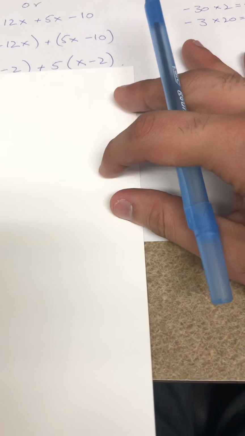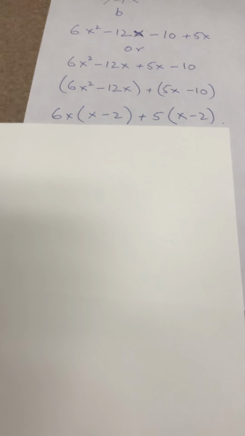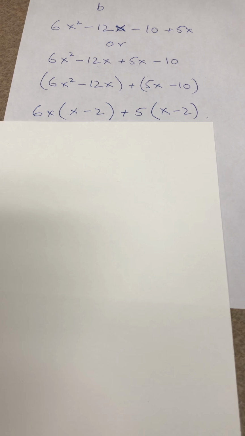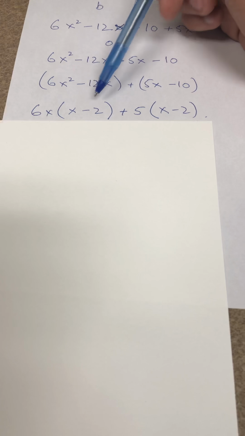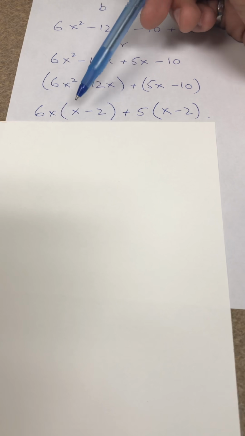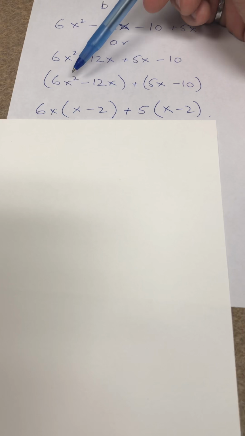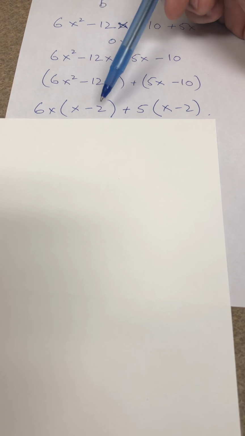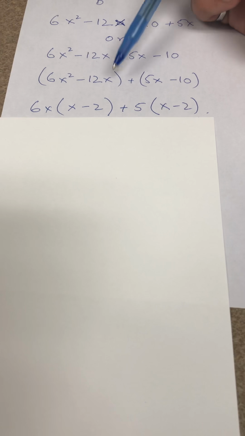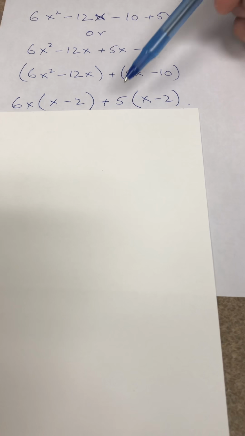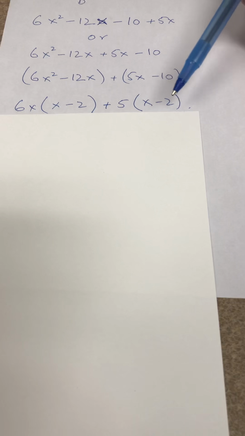So what we'll get is 6x outside the bracket x minus 2. 6x times x gives us 6x squared. 6x times minus 2 gives us minus 12x. Once we pull the 5 out, we're left with x minus 2.